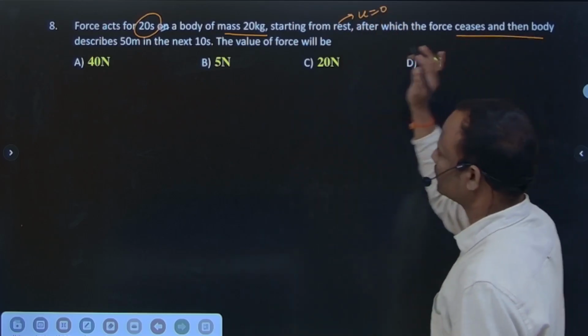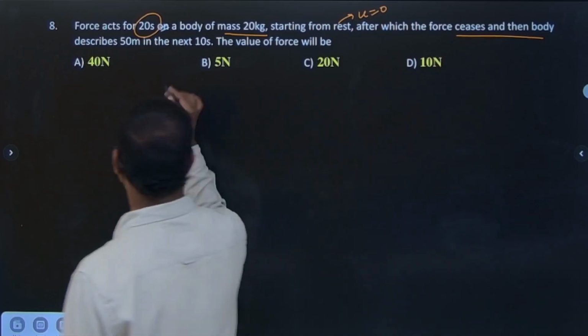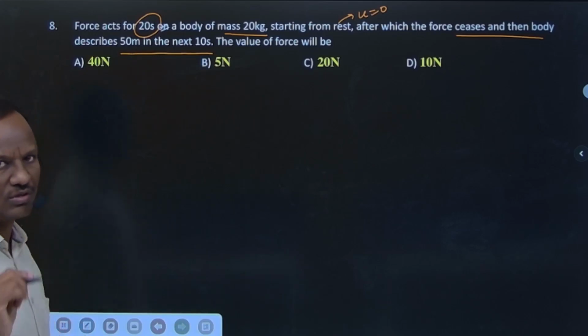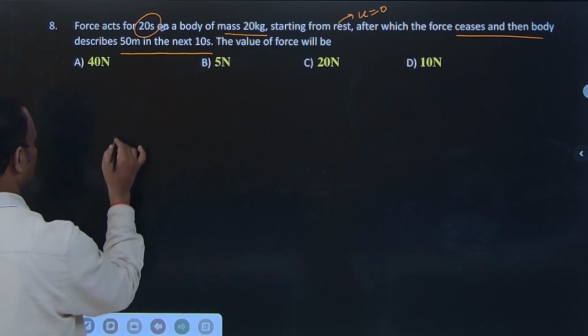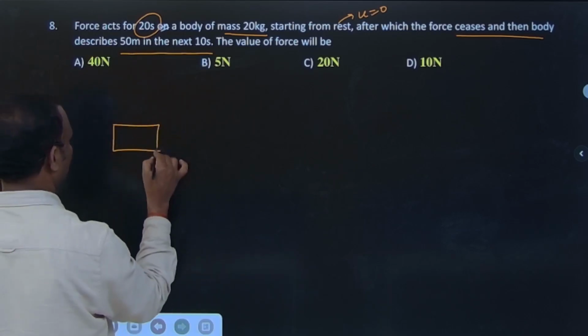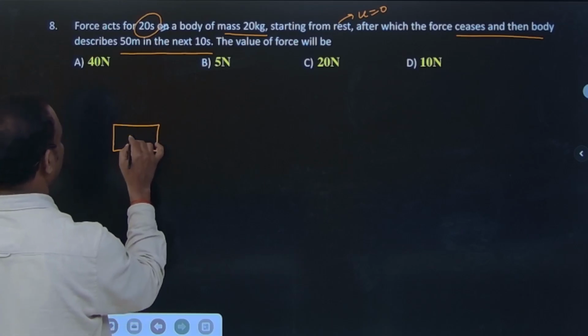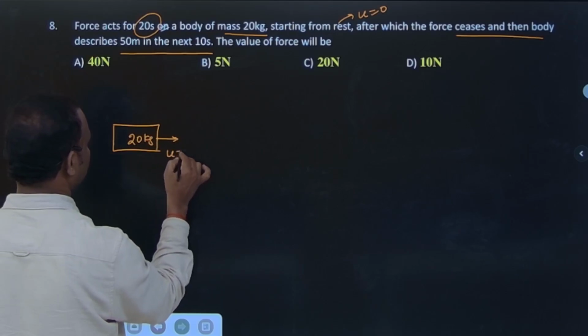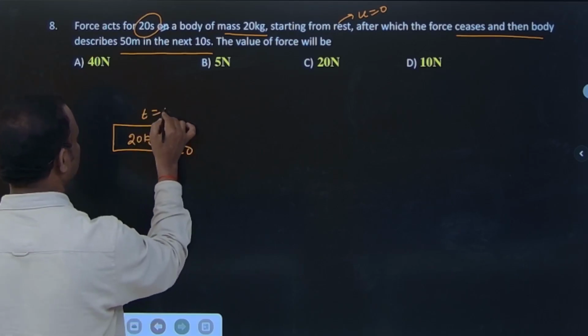Okay, force removed from that. It describes 50 meters in the next 10 seconds. Okay, so what is the value of force is asked. Just to talk about this, the body, its mass is given: 20 kg. Its initial velocity u is equal to 0 at t equal to 0.